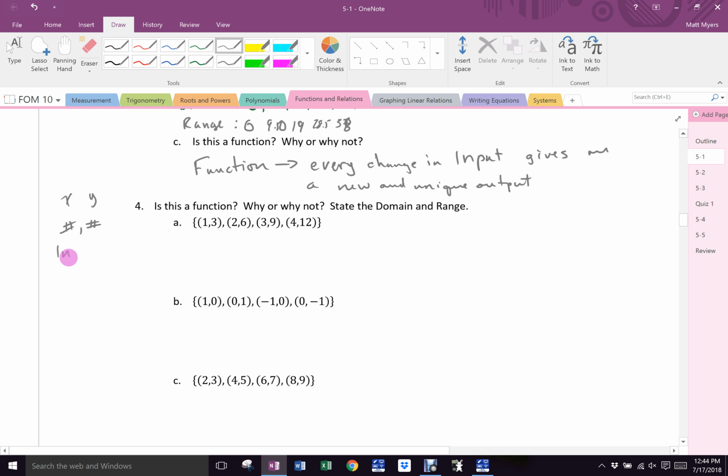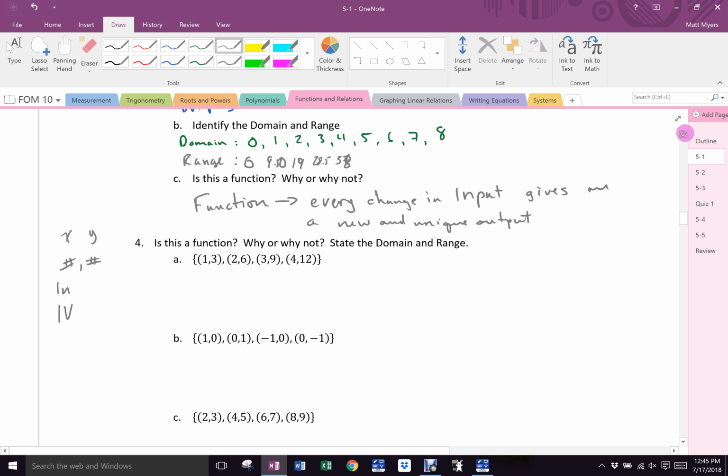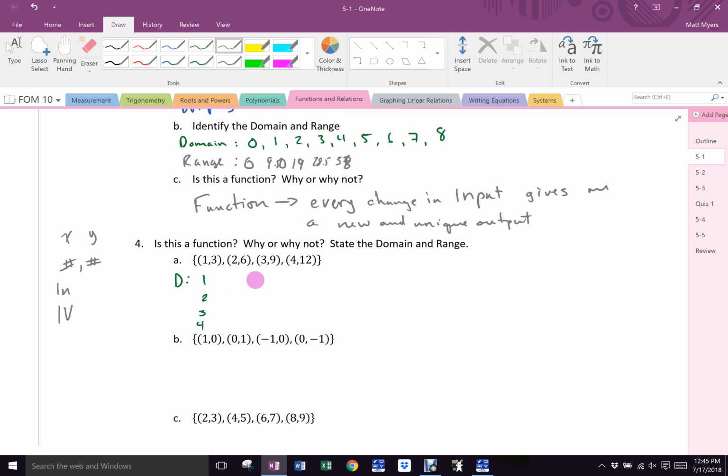X. Which of those was the independent variable? X. So, what then is my domain here? 1, 2, 3. Oh, wait, I've been doing domain in green, haven't I? My domain is 1, 2, 3, 4. What's my range?